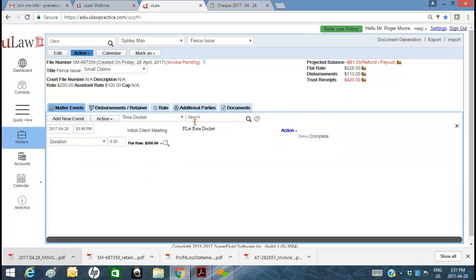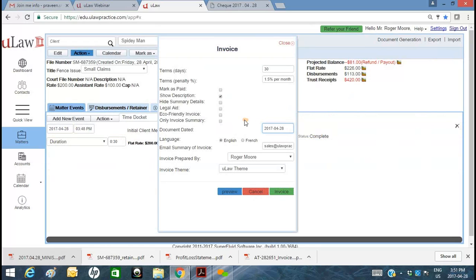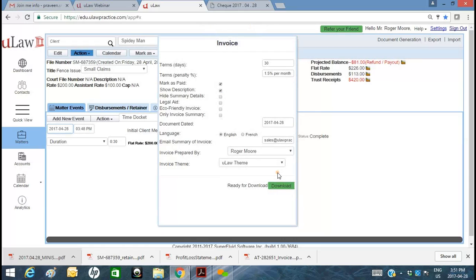Now, to recover that $113 that you just paid, including that $13 of HST that you paid, it's important, obviously, to raise an invoice. And we spoke about how important it is to generate a pre-bill. That's how you would do it. I'm just going to quickly go ahead and raise an invoice. So it's important that you raise that invoice to recover the $113.